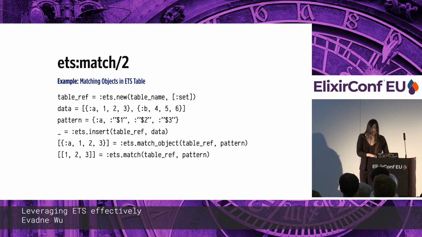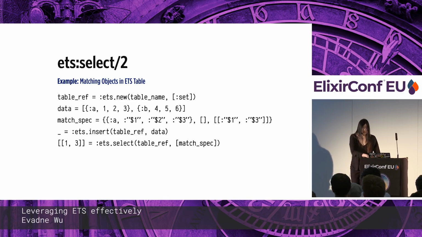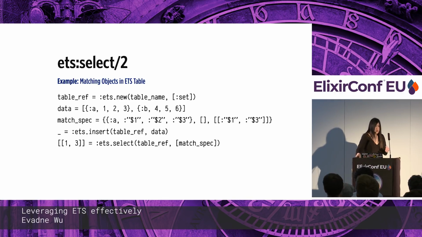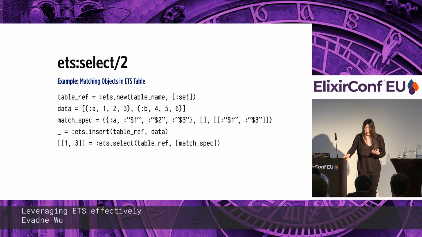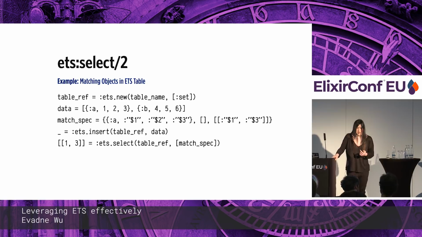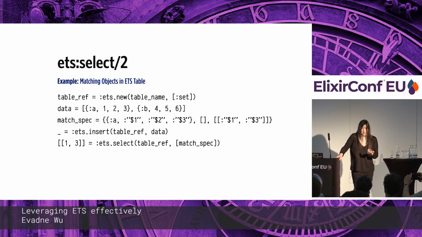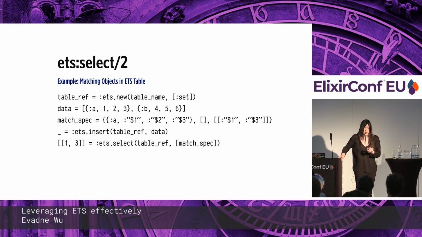So obviously, you can also do it in a more complicated manner. You can do ETS match, which is roughly the same thing. You can also do select. Select is where match specifications come into view, because earlier on you were only looking at match patterns. In this case, you can see we still have two objects. Each object is a 4-element tuple, and we have a match specification, which again is a 3-arity tuple.